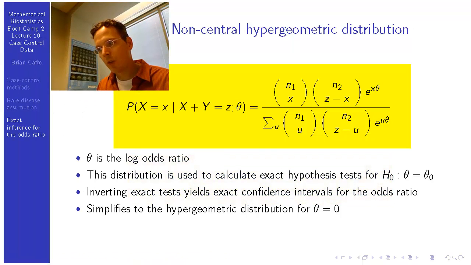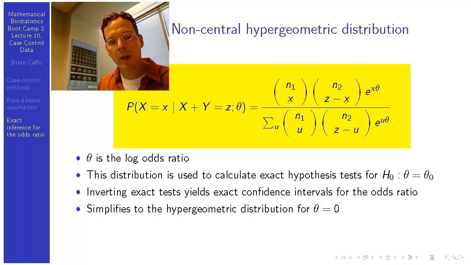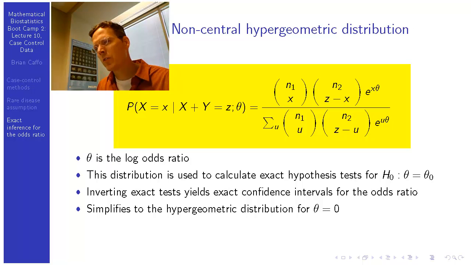So then you put it all in. If you can follow the mathematics, hopefully you follow the mathematics. If you're having trouble with this, because I realize it's a little bit in depth, then if you plug it all in, you wind up with this formula right here. And again, this is very similar to our development of Fisher's exact test. The only difference is now we haven't assumed the null hypothesis to be true.